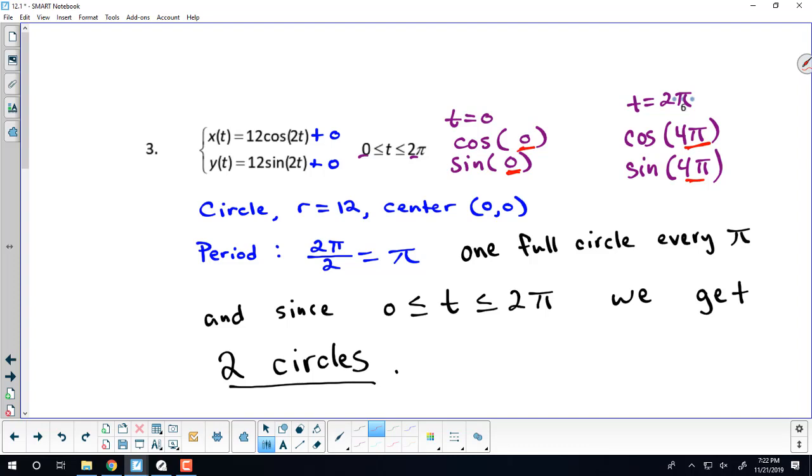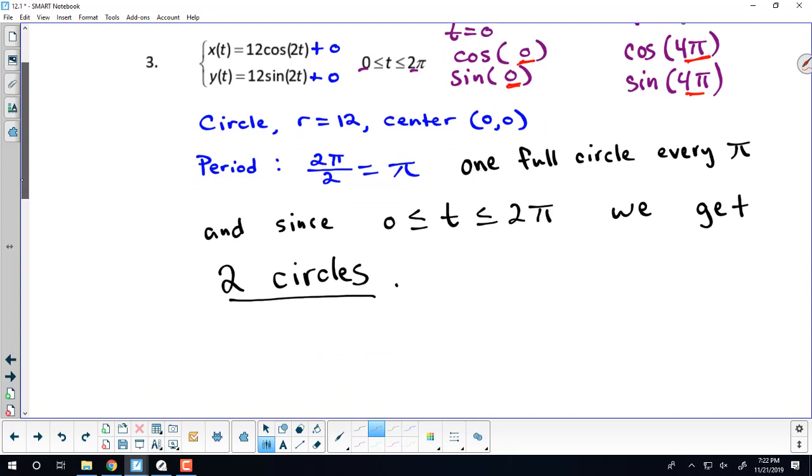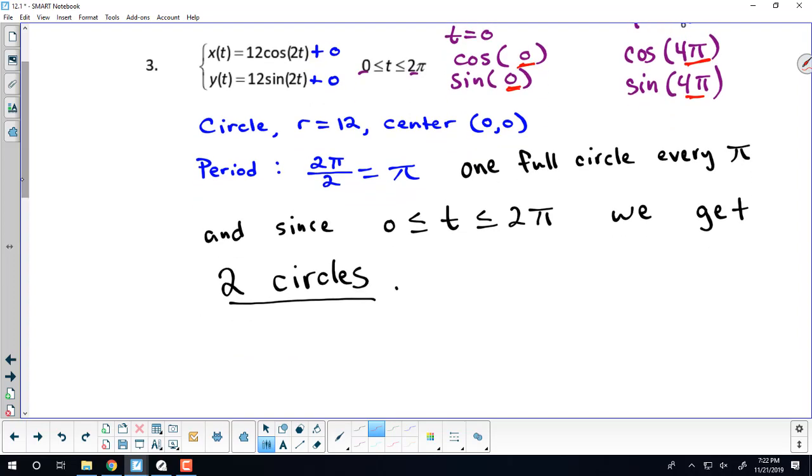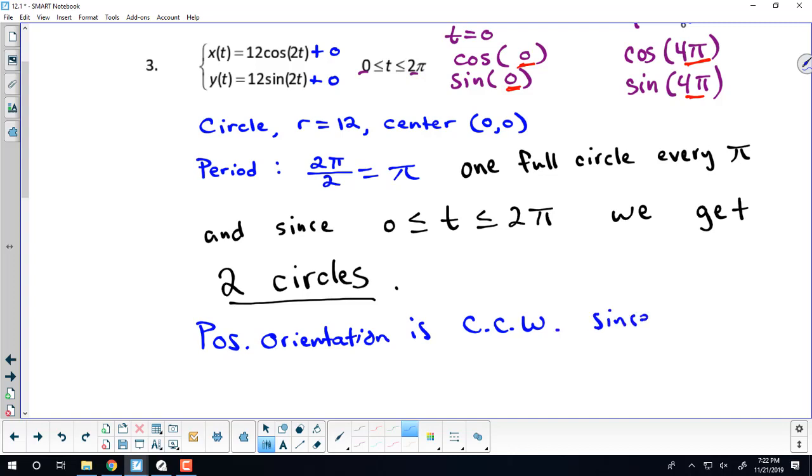What is the orientation of the circle? Yeah, counterclockwise, positive orientation, since b is equal to 2, which is positive.